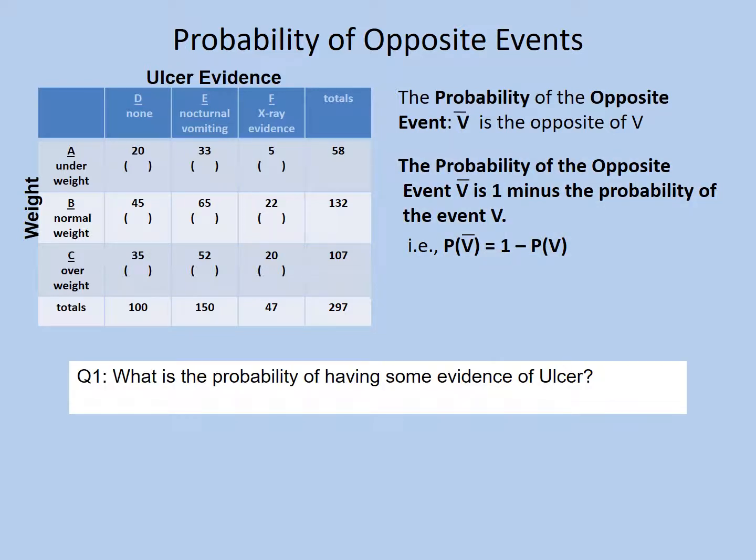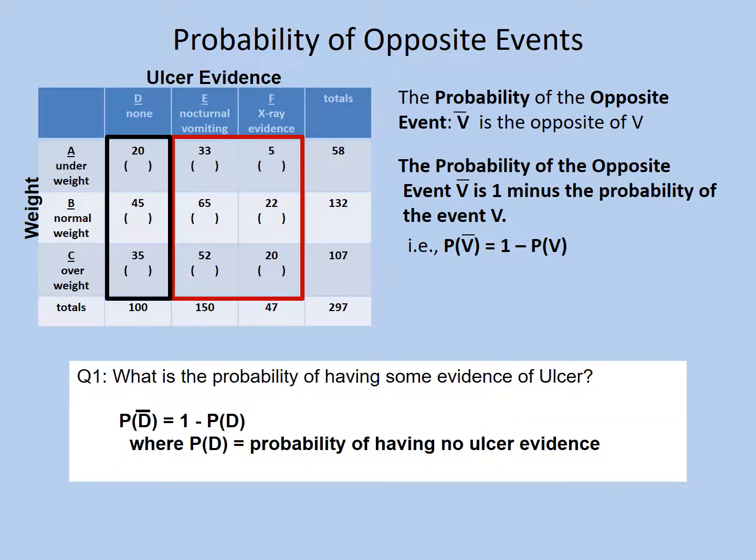So, what is the probability of having some evidence of ulcer? The probability of having some evidence of ulcer is the probability of D bar, which is 1 minus the probability of D, where the probability of D is the probability of having no ulcer evidence.